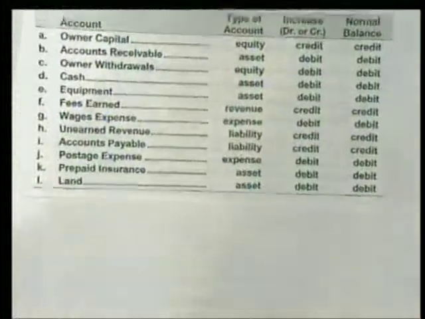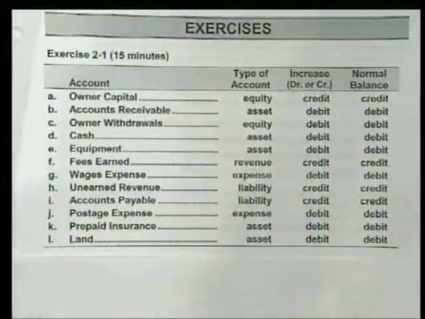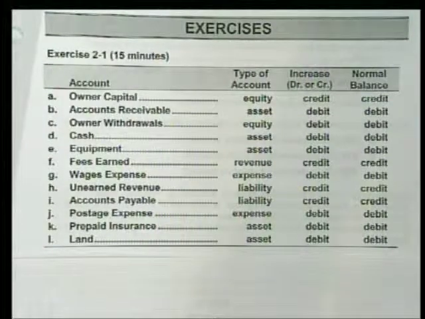What they wanted us to do is they gave us some accounts, and they wanted us to state what type of account it was, and then how do you increase the account? And then they ask the normal balance of the account.